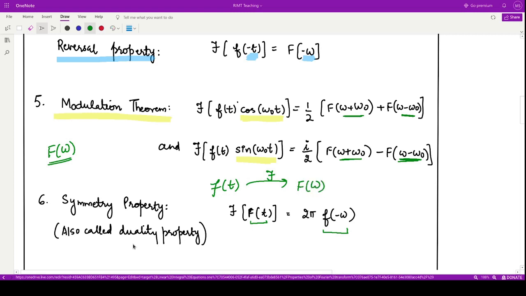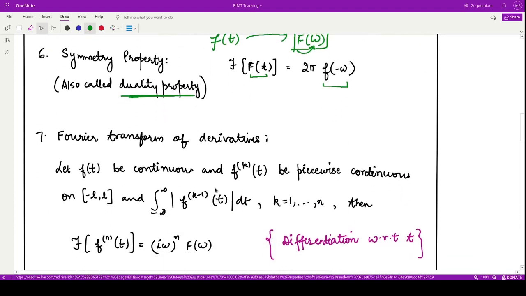So this duality property gives you a relationship. That means, what is the Fourier transform of this particular function in the t domain? It would be 2 pi times this small f function with minus omega in place of t. So this is the symmetry property.